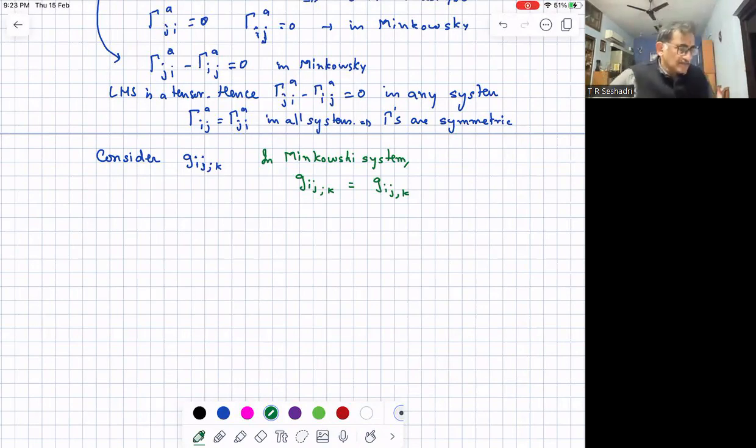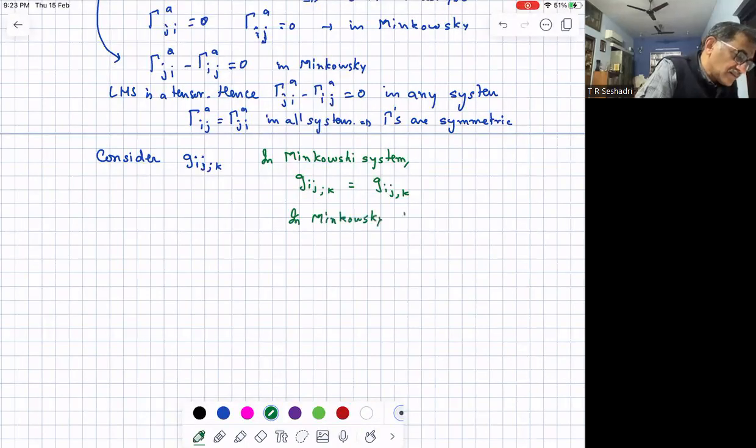But we also know that in Minkowski, Gij equals eta ij, which is constant.